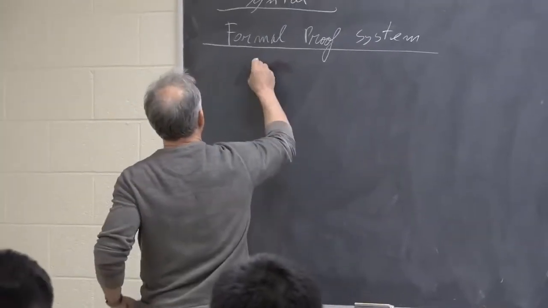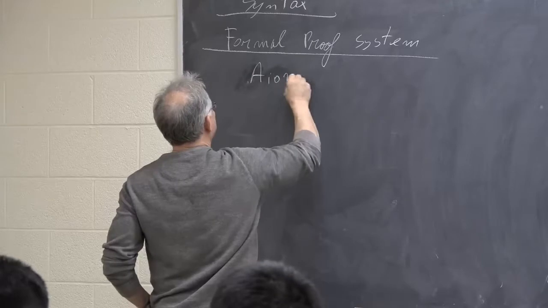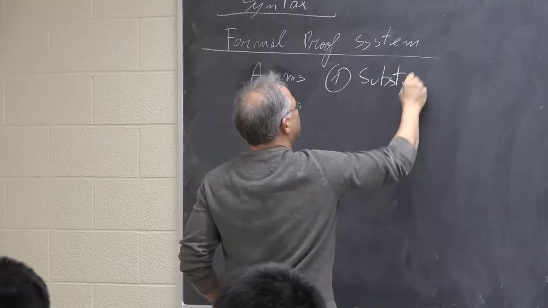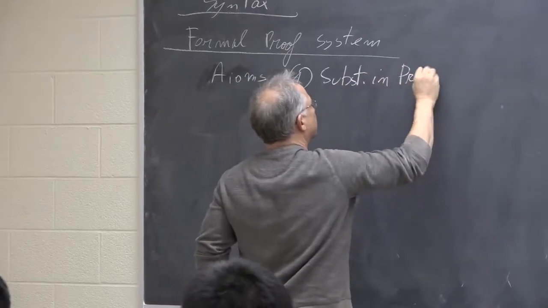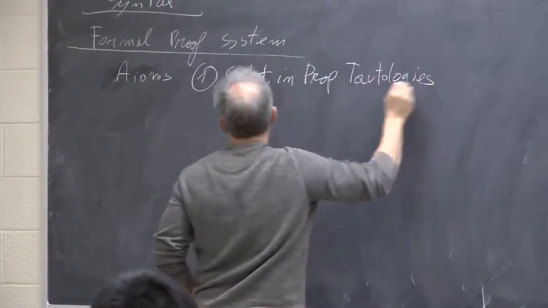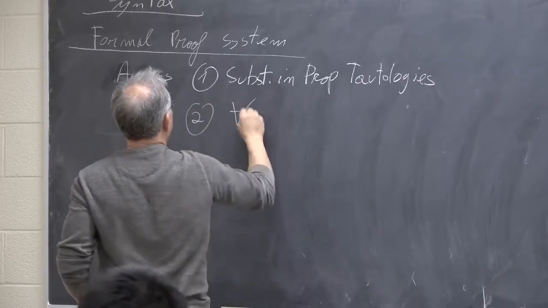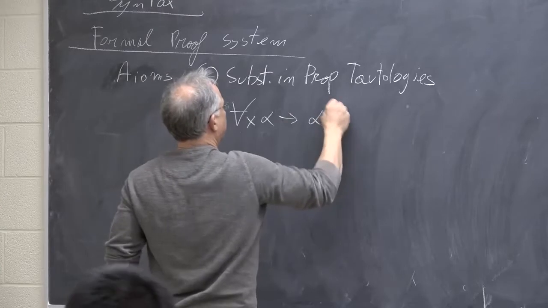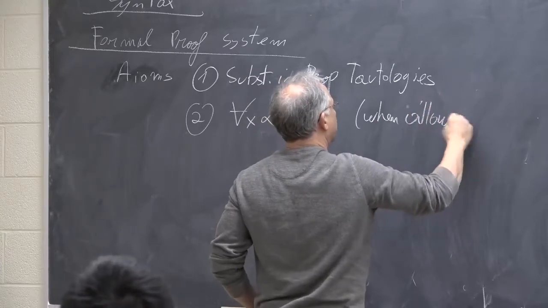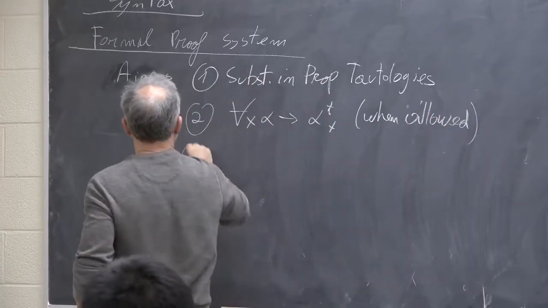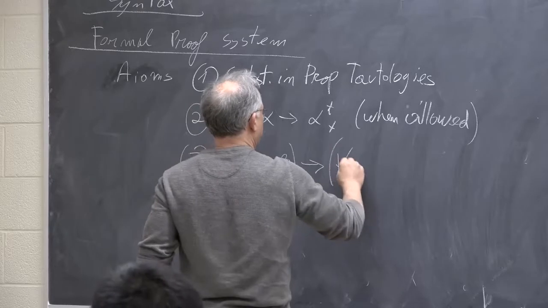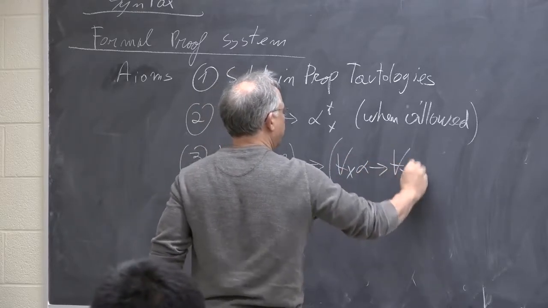So what are the axioms? The axioms are, one, substitute in propositional tautologies, and two, for all x alpha arrows alpha t x when allowed. Three was for all x alpha arrows beta arrows for all x alpha arrows for all x beta.